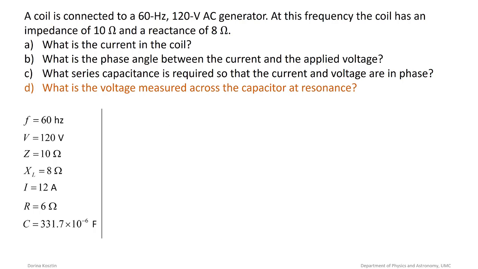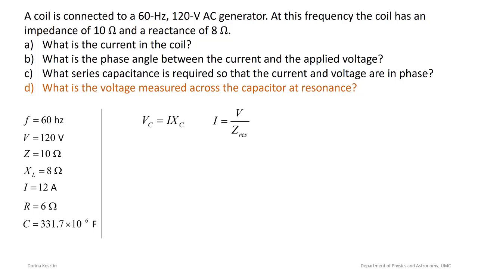In part D of the problem, we need to find the voltage measured across the capacitor at resonance. The maximum voltage measured across the capacitor is calculated as the current times the capacitive reactance of the capacitor. We need to find the current at resonance.